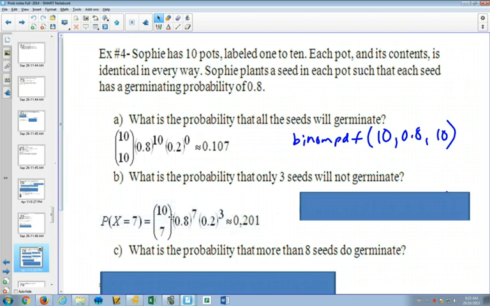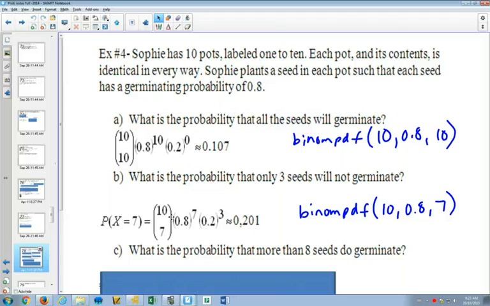So that only 3 seeds will germinate? Well, if you're using the 0.8 for success, which is probability of success, 3 seeds not germinating would mean 7 seeds would germinate.